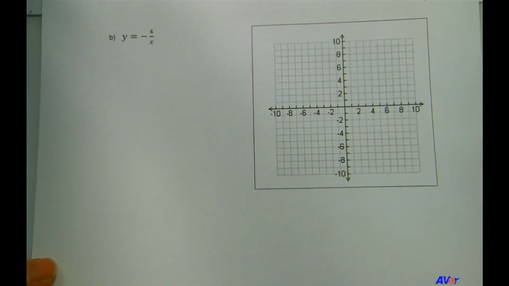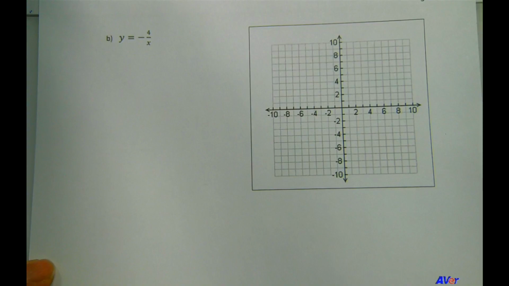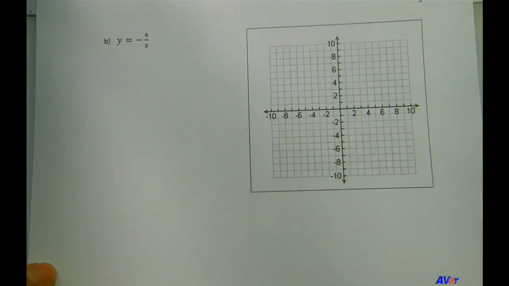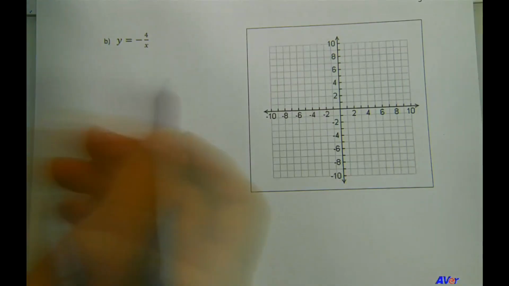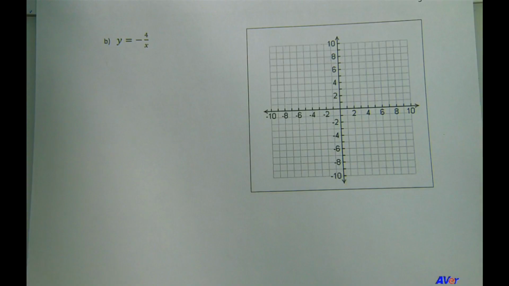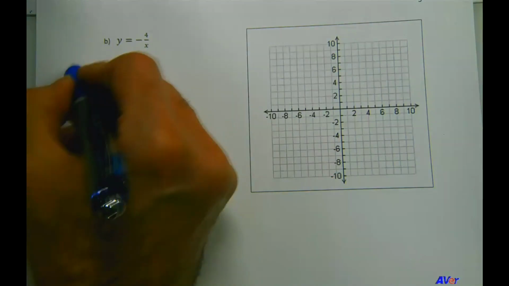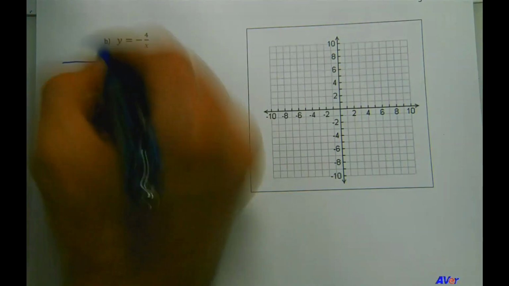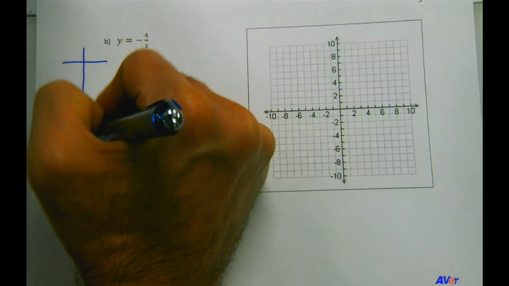And please pause the video and work on this, and then once you have your own solution, come back to the video. So we're going to do the same thing. This time let's graph this. So first, and then we'll check this out numerically as well. So we have some easy numbers.